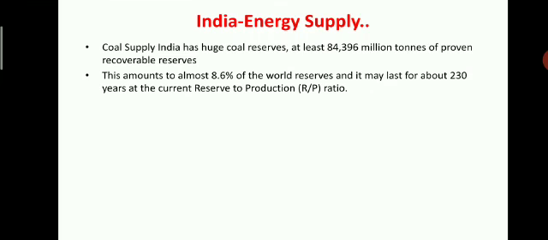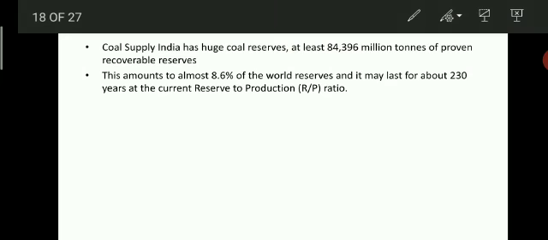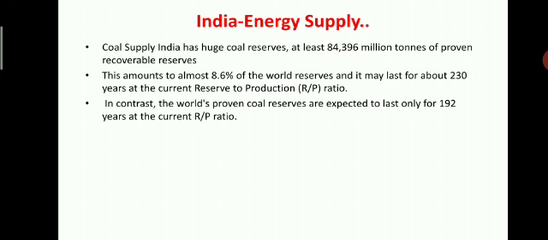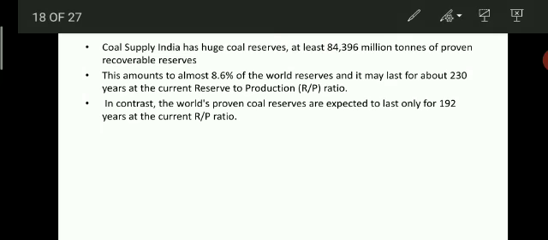What is RP ratio? Reserve to production ratio. How much is the reserve and how much is the production? That is the ratio. In contrast, the world proven coal reserves are expected to last only for 192 years at the current RP ratio.